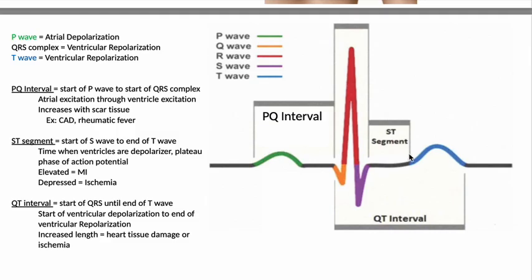Repolarization is the signal for relaxation. After things contract, they have to relax to reset and refill with blood so we can do this for the next heartbeat. So our P wave, again: atria depolarize and then contract. Our QRS complex is where our ventricles depolarize so they can contract. And then our T wave is ventricular repolarization, the signal for our ventricles to relax.